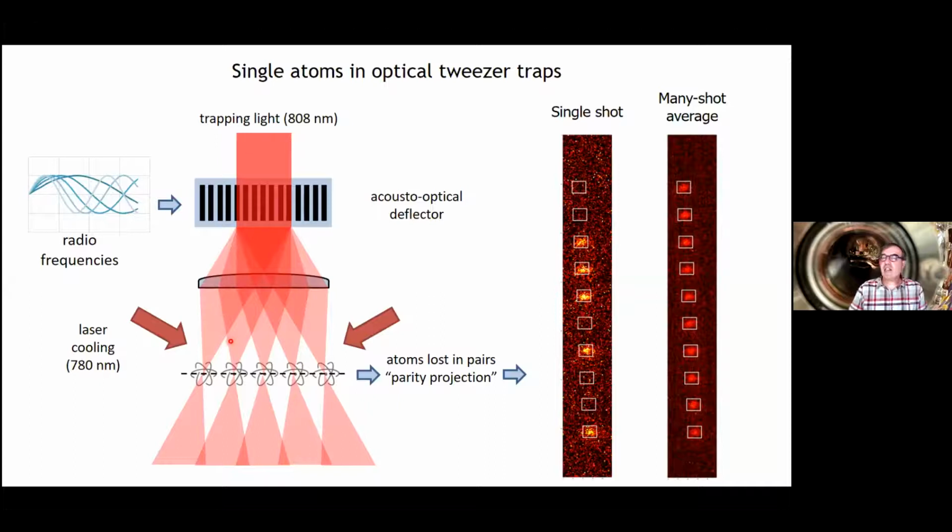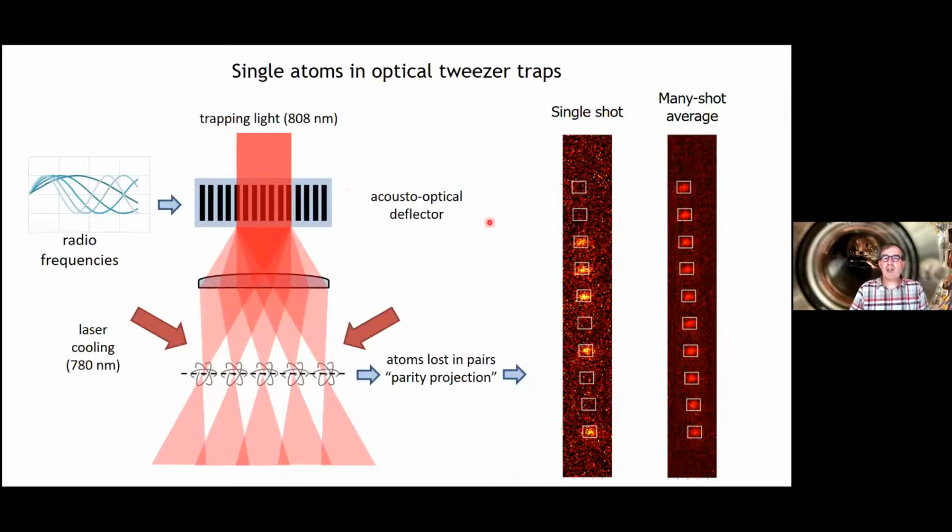This is not a technique that we've pioneered. This has been pioneered by several groups and now really perfected by Antoine Browaeys' group in Paris, and then also the group at Harvard. And I should also give credit to Mark Saffman's group at Wisconsin for doing a lot of the early work here. But here's what we do. We take off-resonance light, which can be used to trap an atom.